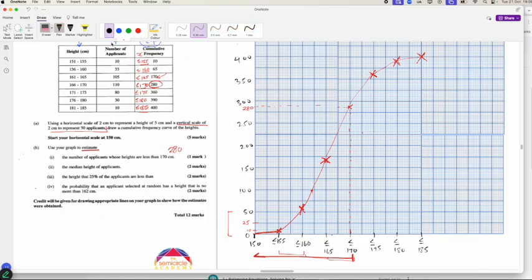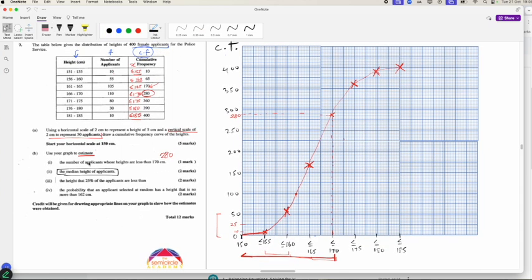The median height of the applicants. Whenever you see a cumulative frequency curve, you don't know, they're going to ask you for the median, right? 400 is the total, so half of 400 will be 200.